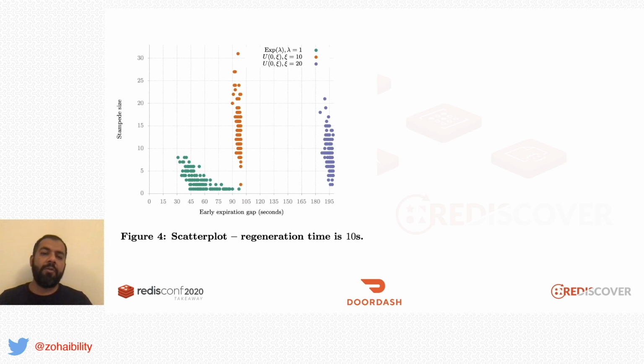It shows that if I'm doing these uniform distribution based evictions of 10-second windows, this is the stampede size that we notice. Purple and orange are the evictions using a uniform random number that we just saw, and the green one is the technique that they propose.